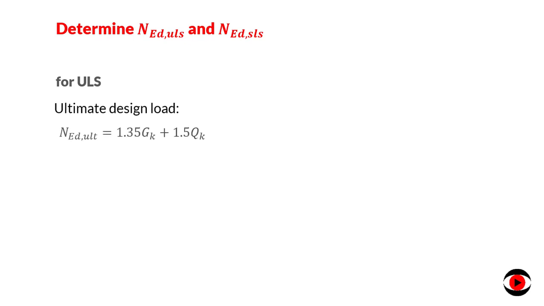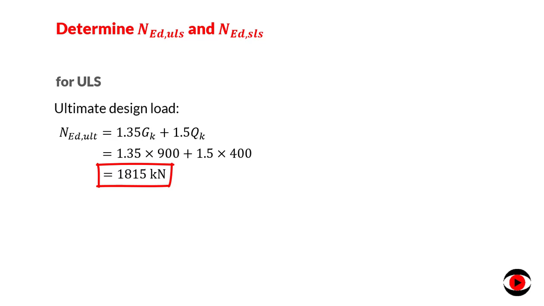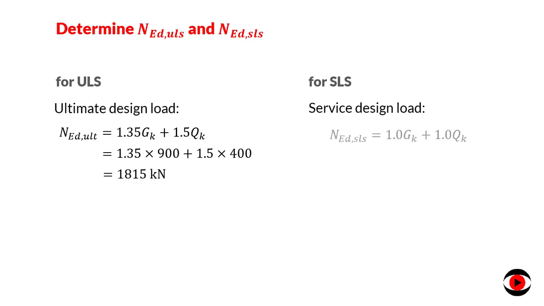To determine the design load at ultimate and serviceability limit state, we proceed as follows. For ultimate limit state, the design axial load is given by this equation. When we substitute the characteristic permanent and variable loads, we obtain 1815 kilonewton. For service limit state, the design axial load is given by this equation.